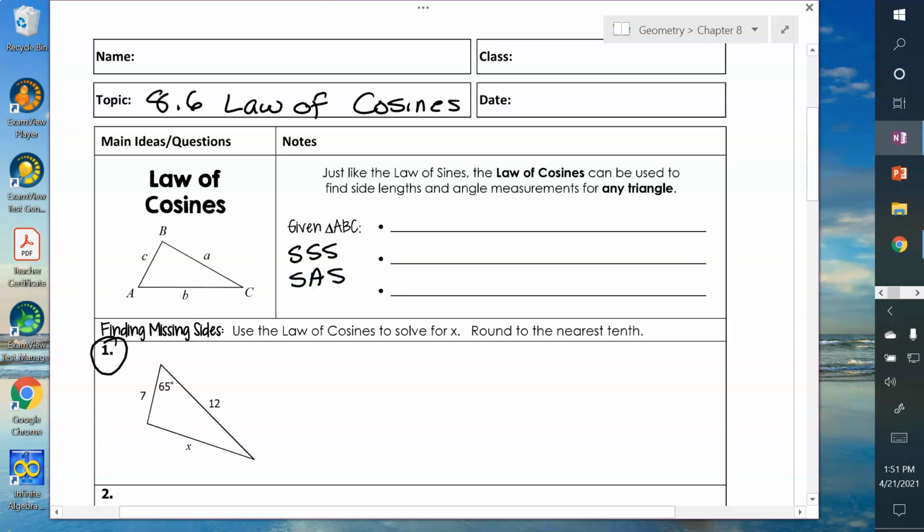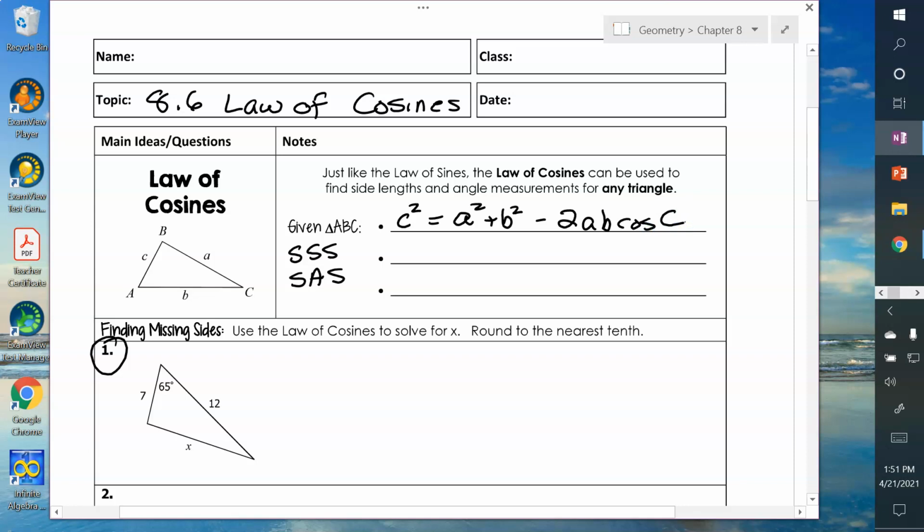And just like Law of Sines has a bunch of different forms you can write it in, so does Law of Cosines. Here is probably the most common way to write it: little c squared equals a squared plus b squared minus 2ab times the cosine of angle c.